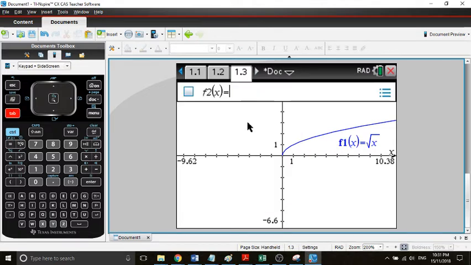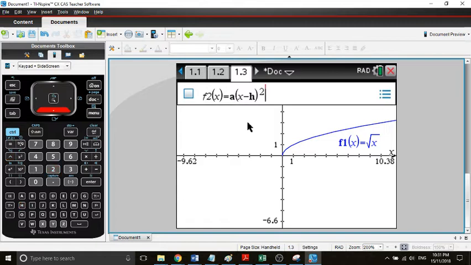Okay, so now just like a parabola, we have y equals a times (x minus h) all squared plus k, where the h controls the horizontal translation that way, the k controls the vertical translation that way.